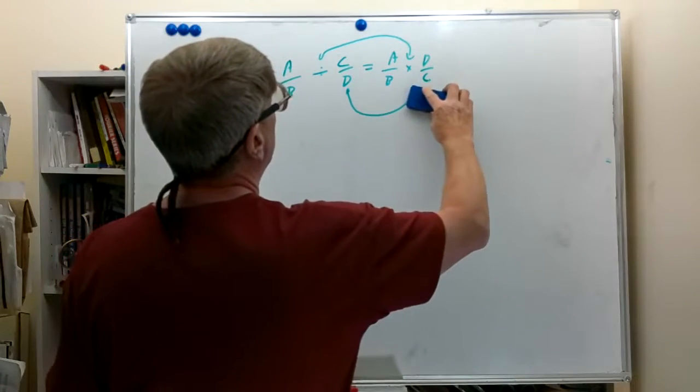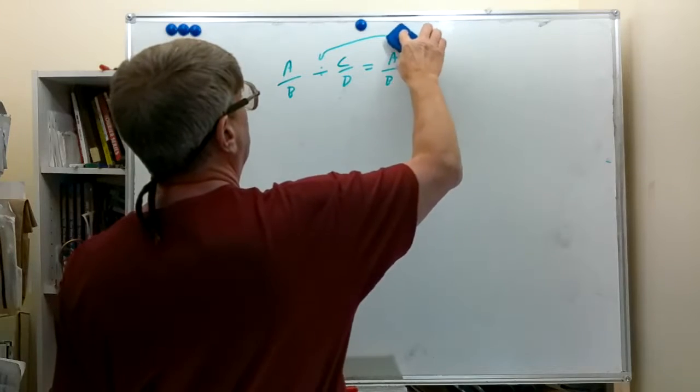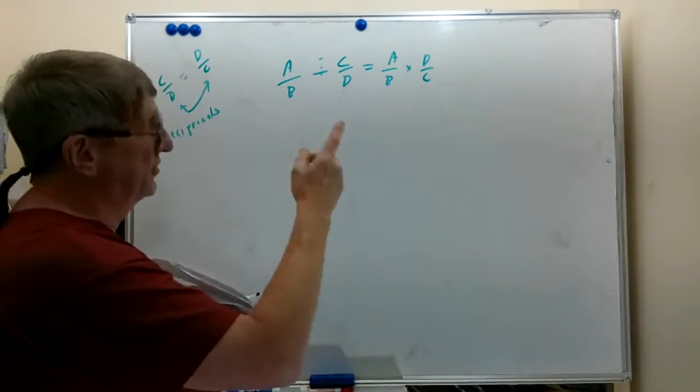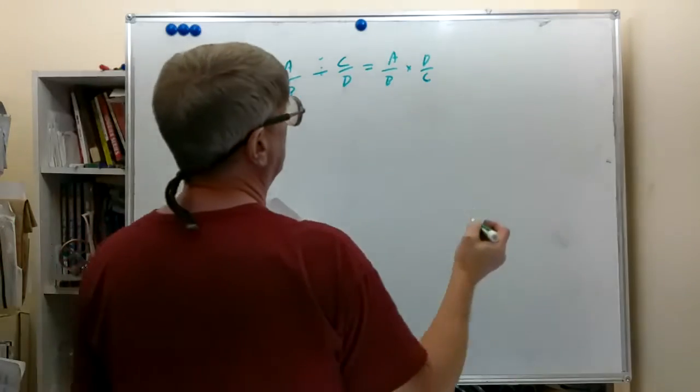So that's the basic rule for dividing fractions: invert and multiply. We're converting the divisor into its reciprocal.